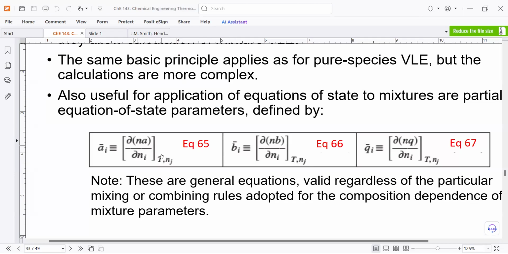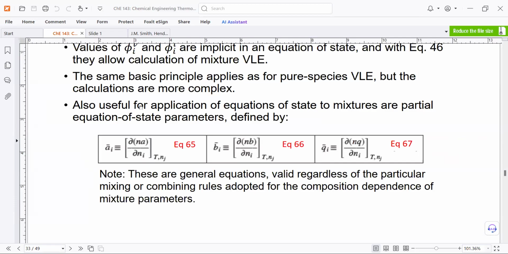Again, how do we do that? We take the partial derivative of that parameter A with respect to the composition n sub I, taking all the other parameters constant. Okay? And we do that for A, B, and Q. We take the partial properties of this A, B, and Q, and we will use this in the calculation to take into account the composition dependence of these mixture parameters.